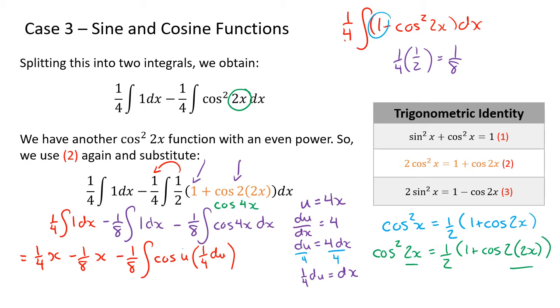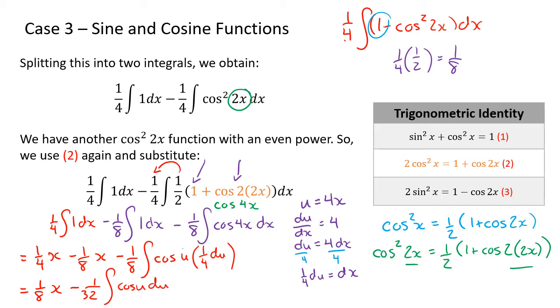Okay, so now what we can do is we can actually, again, move the 1/4 out of the integral. So what this becomes is 1/4 minus 1/8 is simply 1/8 times x. This becomes minus 1/32 times the integral of just cosine of u. Okay?